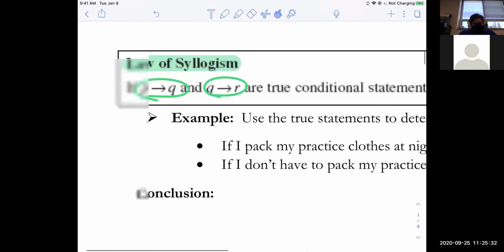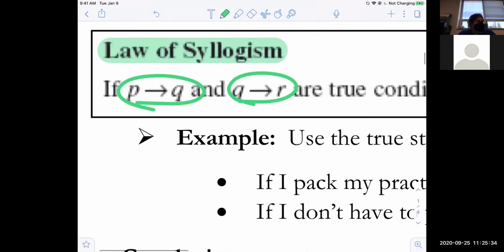So these are both if-then statements, right? What do you notice about the letters? What do you notice about the group there and the group there? I know it's a really general question. Why is it going to be P implies R? What happened to Q?